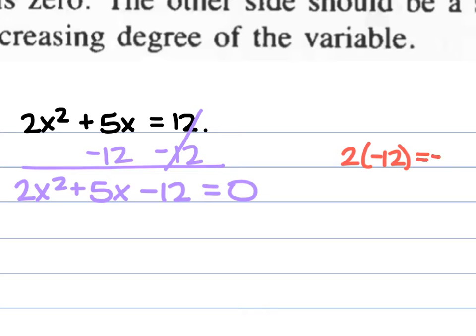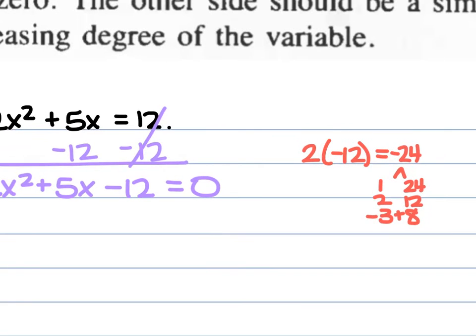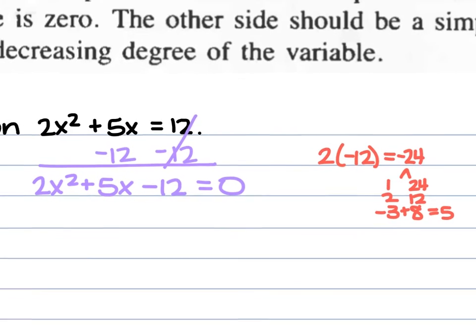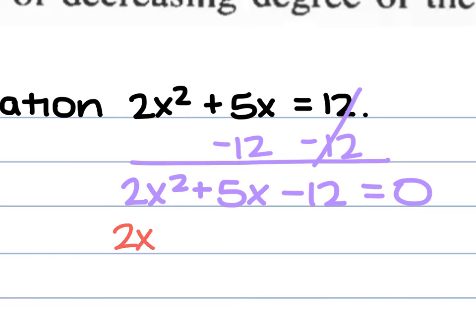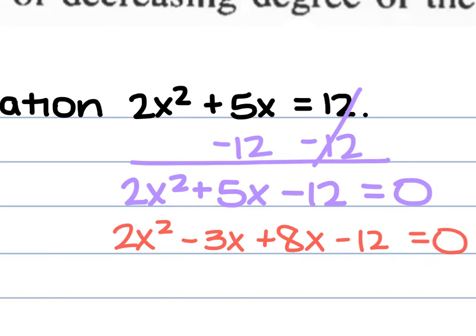We want to find the factors of negative 24 that add up to be 5. We have 1 and 24, 2 and 12, 3 and 8. Well, if the 8 is positive and the 3 is negative, that's going to give us a positive 5. So we're going to replace that 5x with negative 3x plus 8x. So we're going to keep the 2x squared minus 3x plus 8x minus 12 is equal to 0.